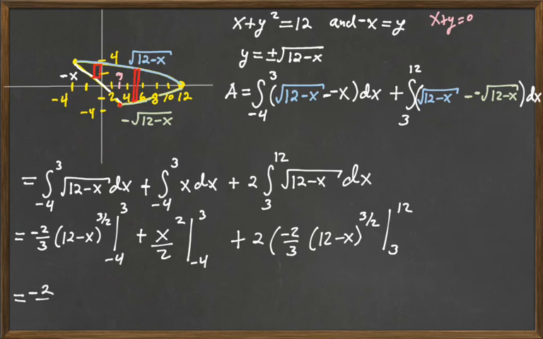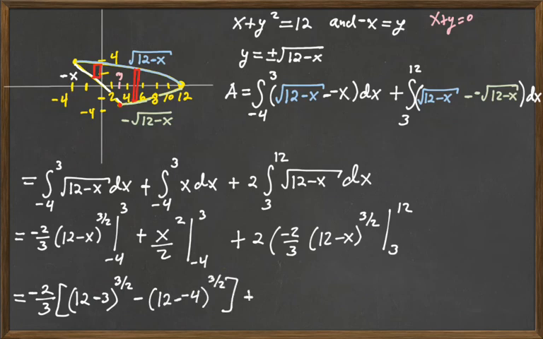Okay. So negative 2/3, evaluate, so plug in 12. I'm sorry, not plug in 12, plug in 3. So 12 minus 3 to the 3/2, minus 12 minus negative 4 to the 3/2, plus 1/2, and then that's going to be 3 squared minus negative 4 squared, minus, we just have minus there, not a double minus.